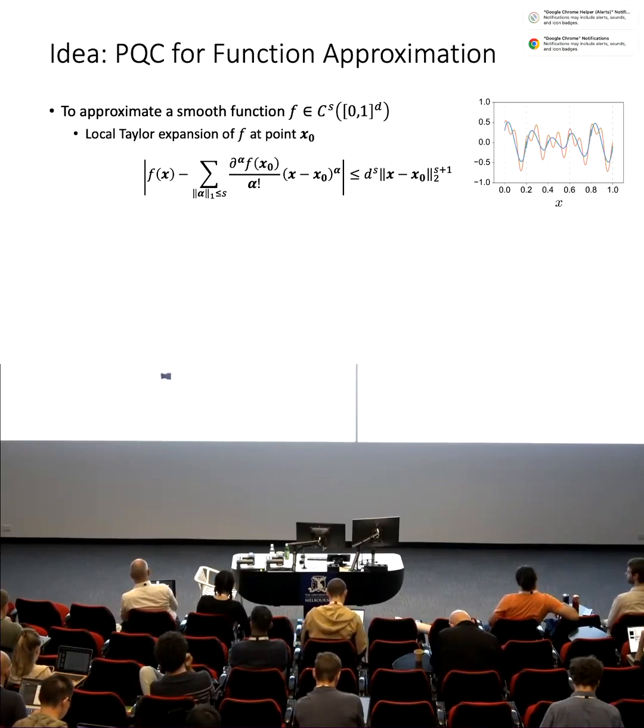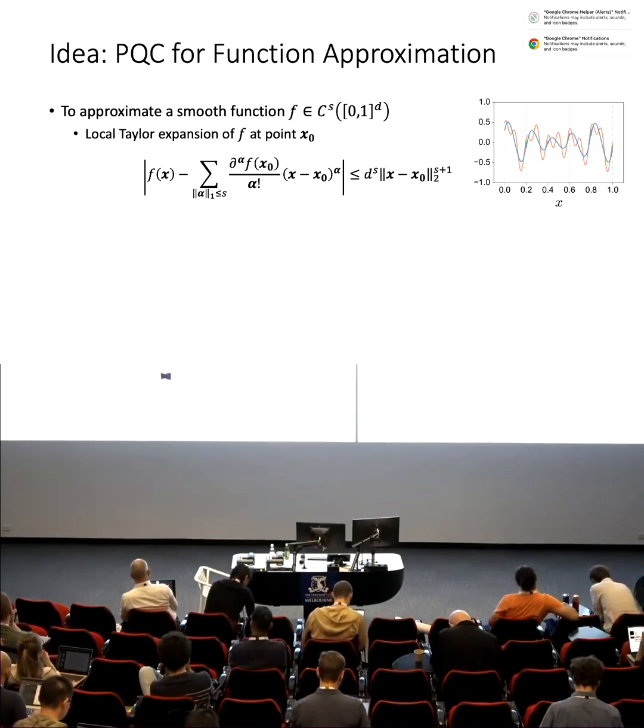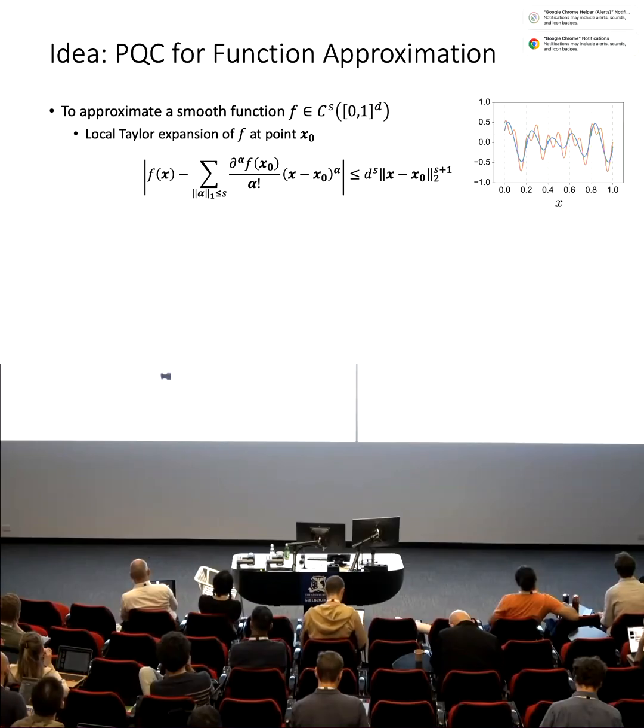Because once we have a local Taylor expansion of the function at some fixed point, the approximation is only good when x is close to that fixed point. So if we want to use the local Taylor expansion to better approximate the function on the entire region, then the idea is to divide the entire region into small local regions.